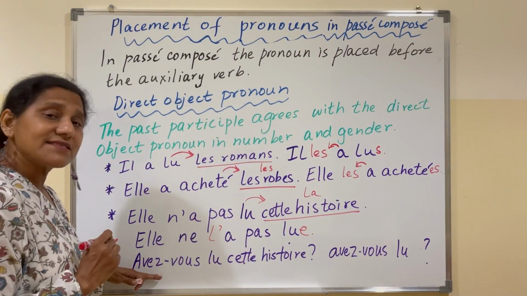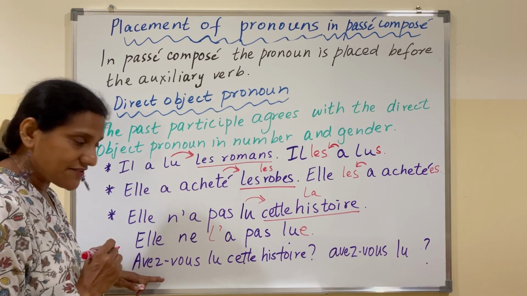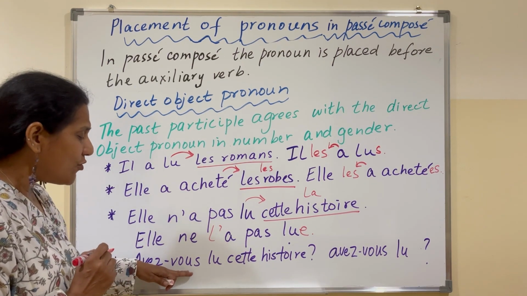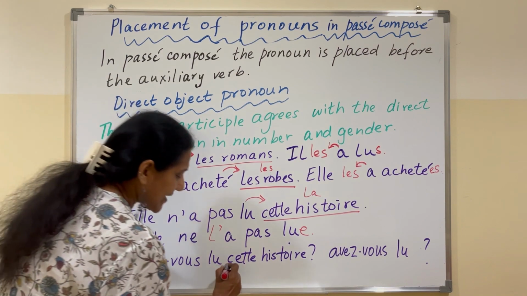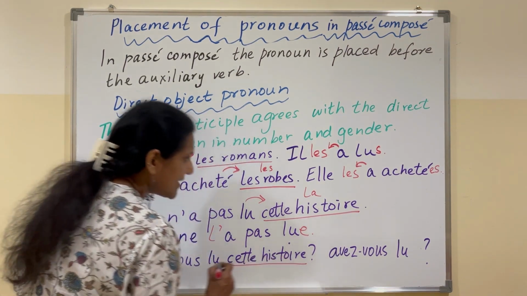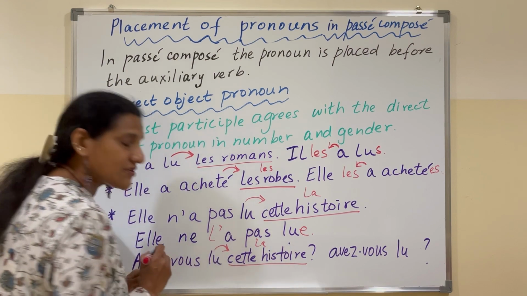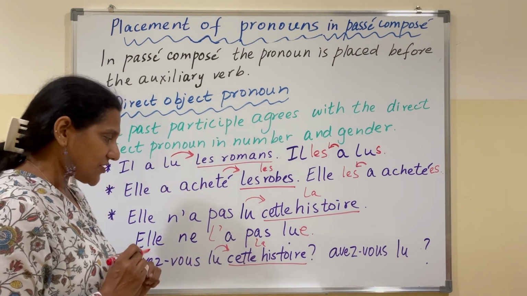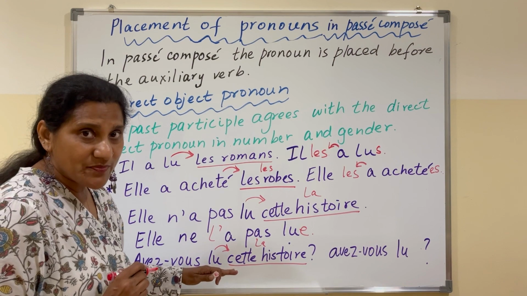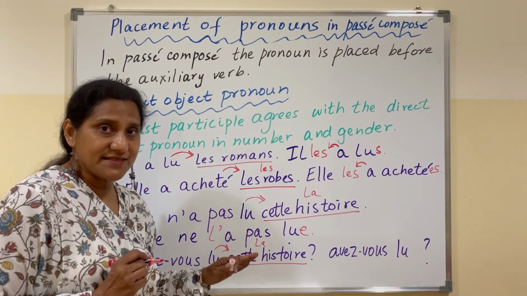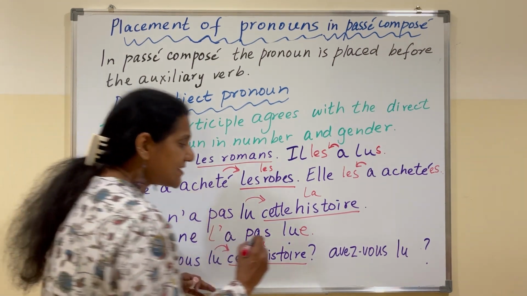And let's look at an example with an interrogative sentence. Avez-vous lu cette histoire? Again, this is the direct object. It needs to be replaced by la. It's immediately after the verb, so it's a direct object. And where am I supposed to place it? I'm supposed to place it in front of the auxiliary verb.